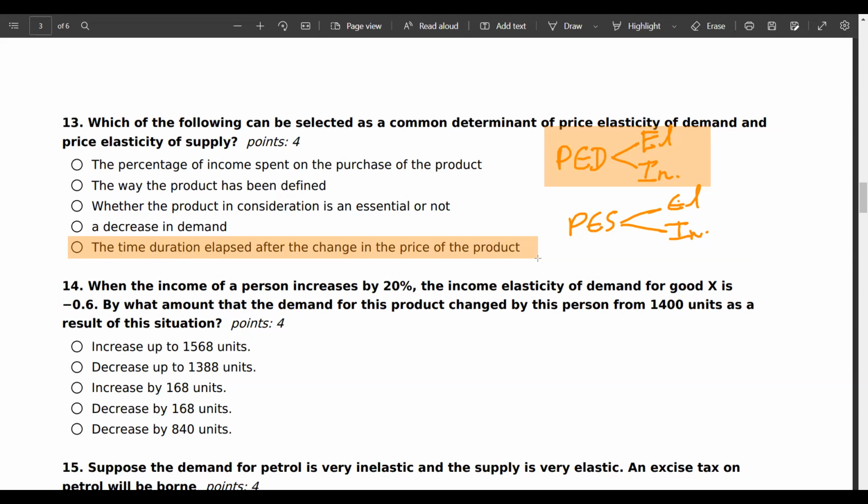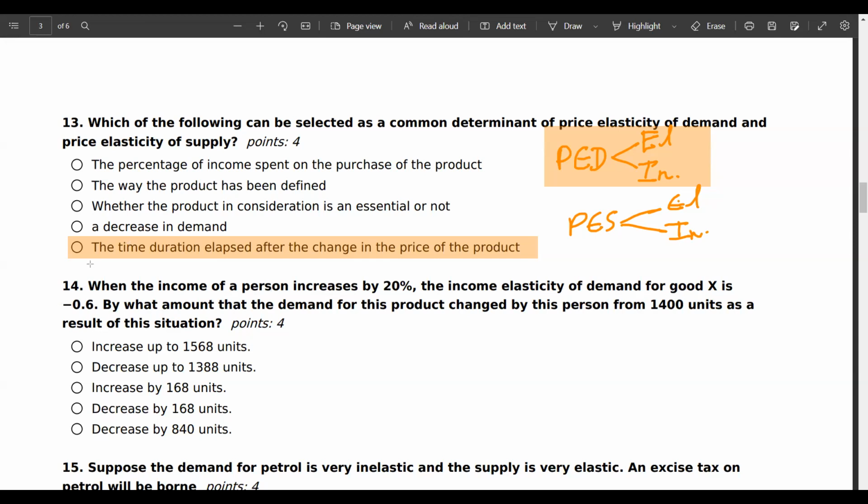So that way, always the time duration elapsed after a change in the price of the product will decide whether the product has elastic demand or inelastic demand. If it's a very short time, generally demand and supply will be inelastic. If a long time has passed after the price change, probably demand and supply will be elastic by that time.